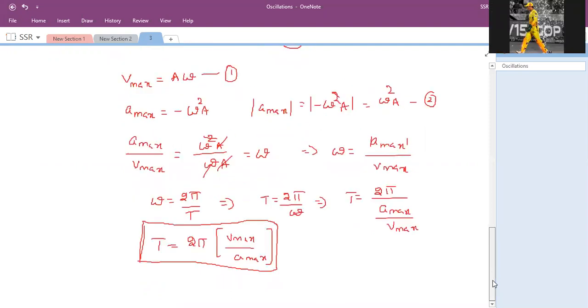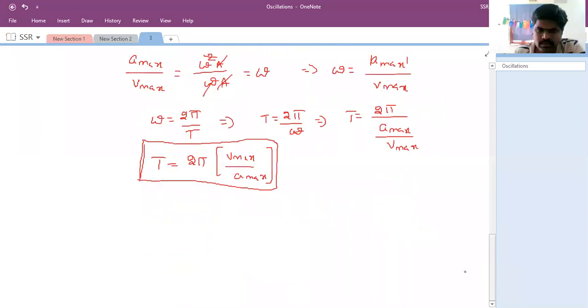Yes, sir. Next, how to calculate amplitude? We know already Vmax is equal to A omega, and magnitude of Amax is equal to omega square into A. Then I want to calculate the amplitude value.